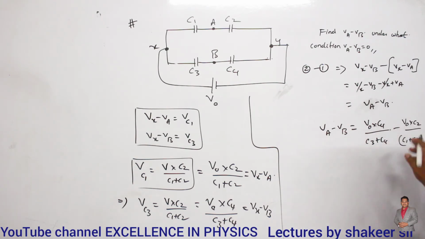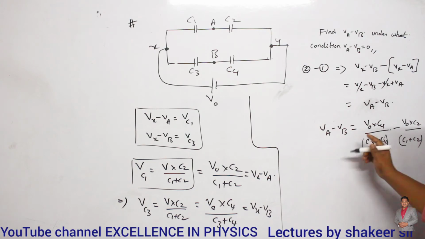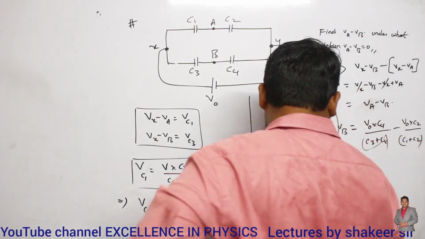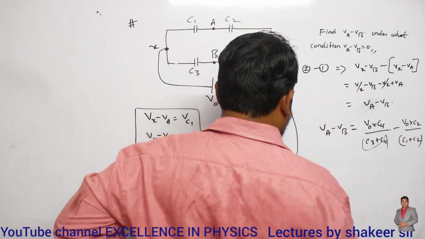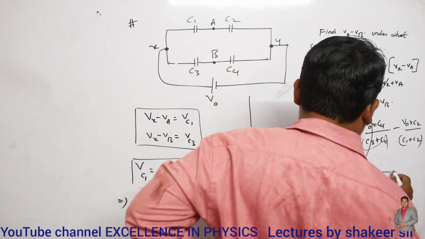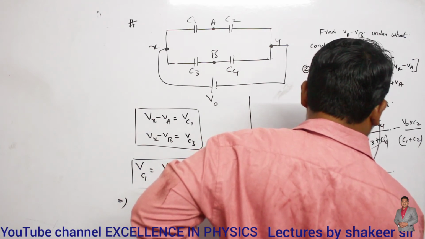Clear? So simplify this one. That will be my required potential difference between points A and B. So Va minus Vb is this relation. Now let us simplify this. I can take V0 common, and the total LCM is C1 plus C2 into C3 plus C4.